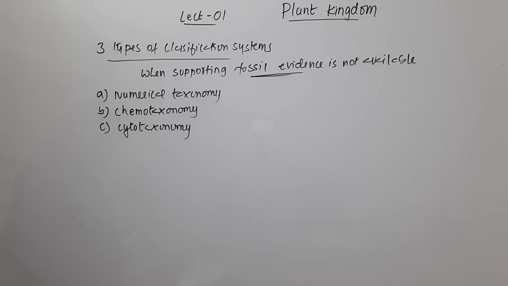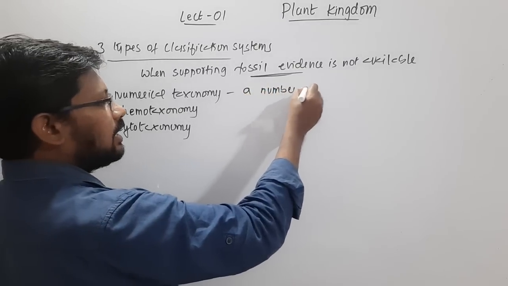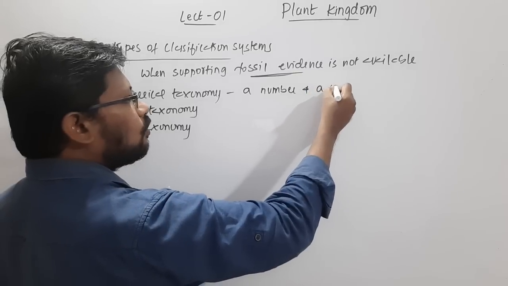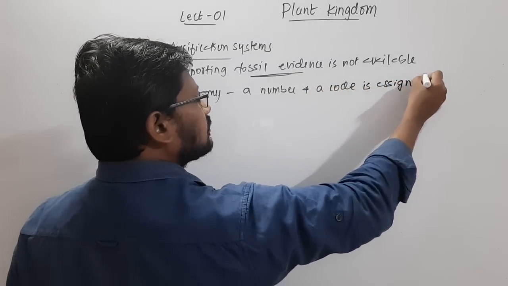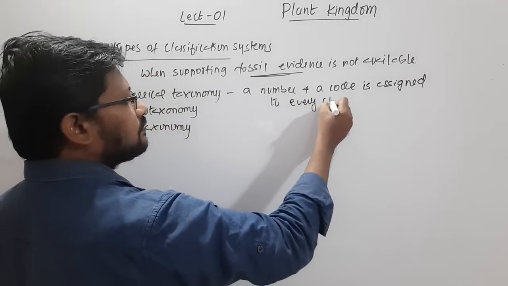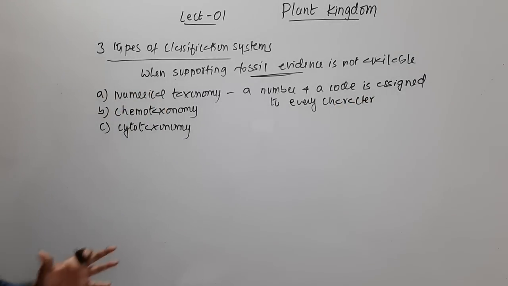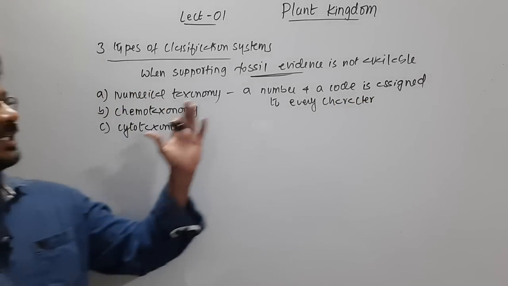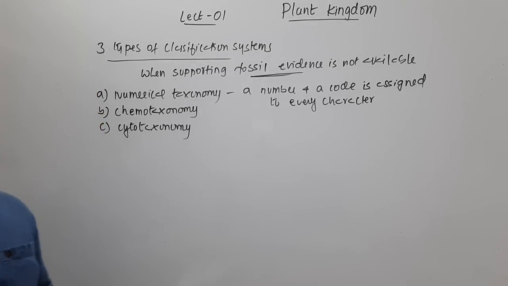In numerical taxonomy, a number and a code is assigned to every character. We need not know what number and what code they give to each of those characters.